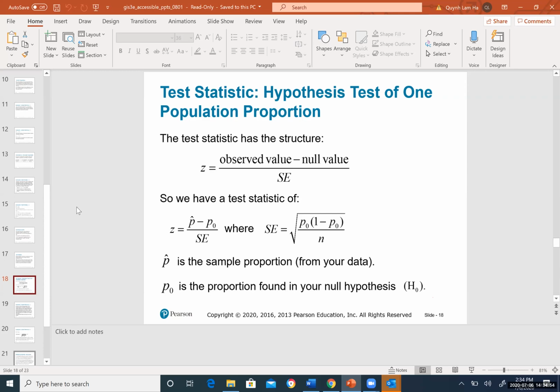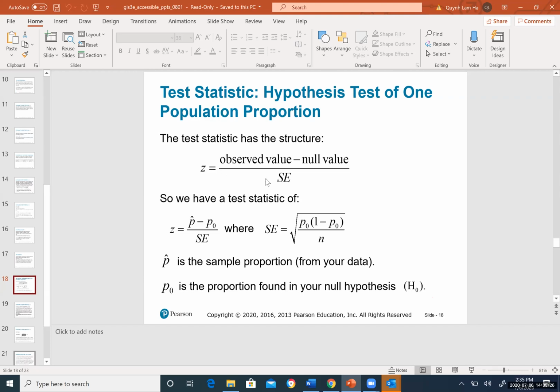Okay, I'm glad that I see it here, the z-value that I saw at the bottom right here. The test statistic has the structure below. Z equal to the observed value minus the null value. The null value is P naught, which is from the prompt.